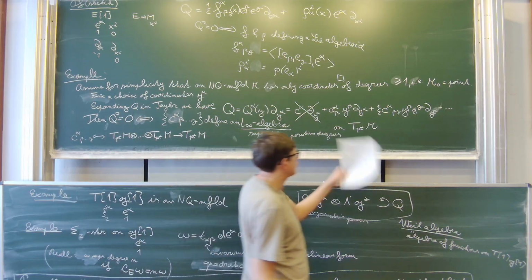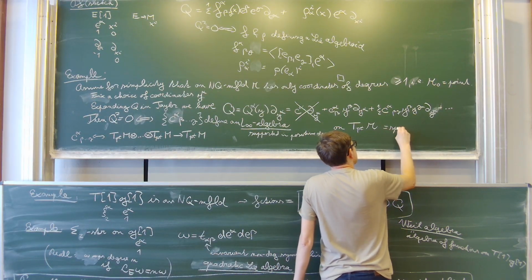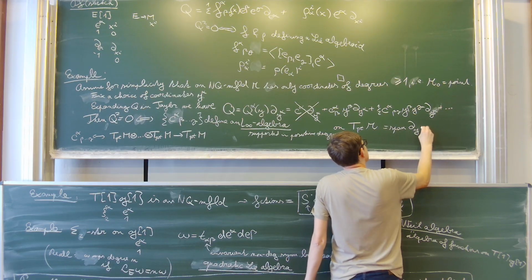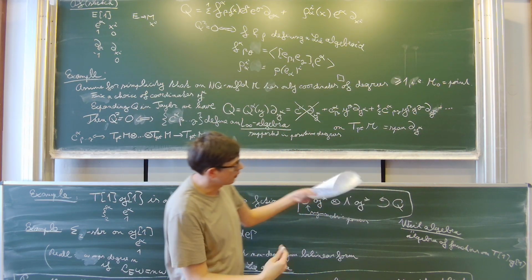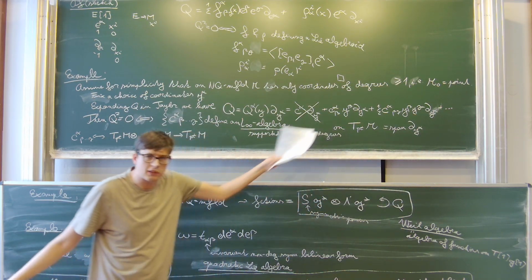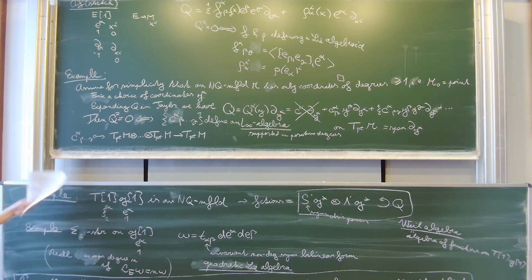The tangent space at this point is the span of all these partial y alphas, which are of different degrees, so it is a graded vector space.